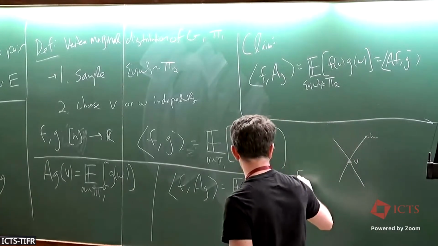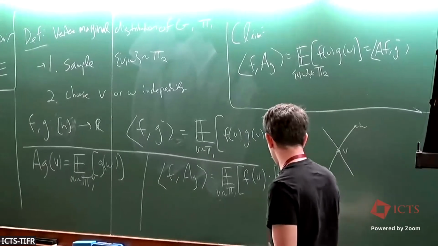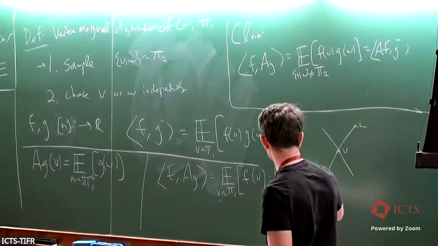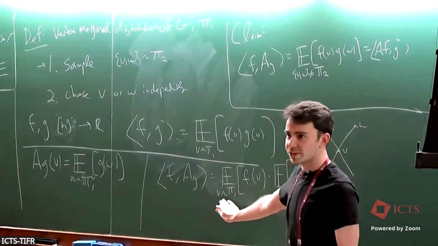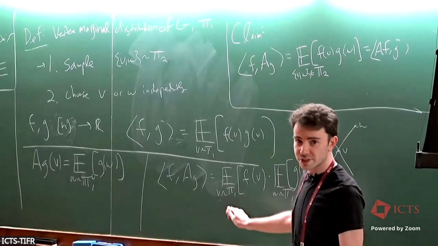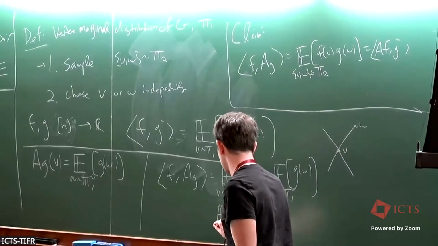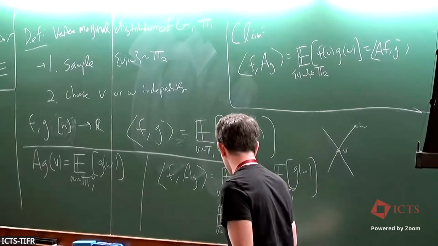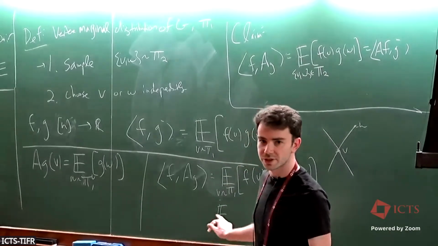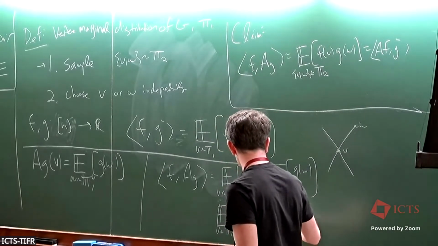So this is now the expectation over the neighborhood of V, or this conditional distribution, of g of W. But I can shift this expectation outside. This is the expectation over pairs, V drawn from pi1 and W drawn conditionally from V, of f of V g of W.